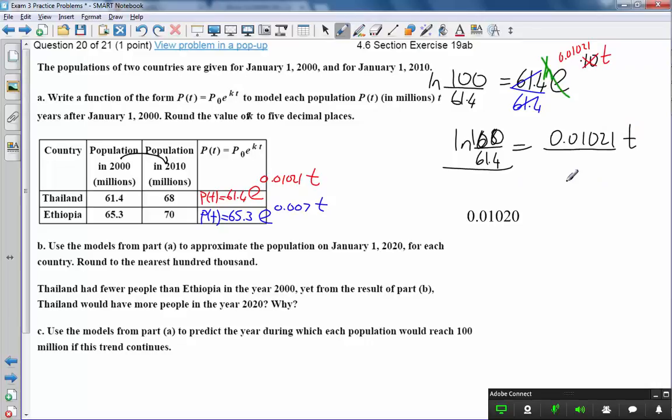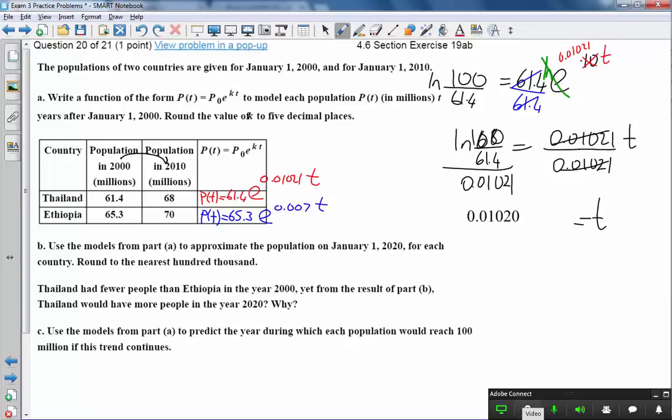We divide both sides by this k and get t approximately. What is this number?